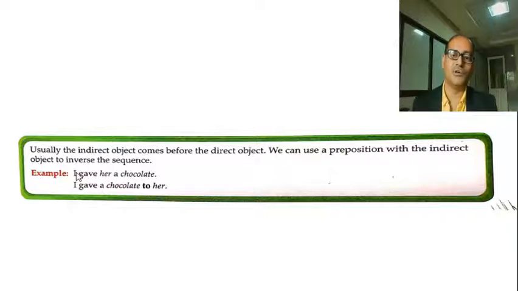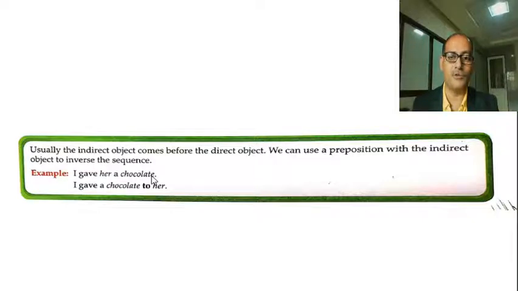Usually the indirect object comes before the direct object. Here, I is the subject, gave is the verb, her is an object, and a chocolate is also an object. So how can we understand which is the indirect object and which is the direct object? Usually the indirect object comes before the direct object. So here, her is the indirect object and a chocolate is the direct object.